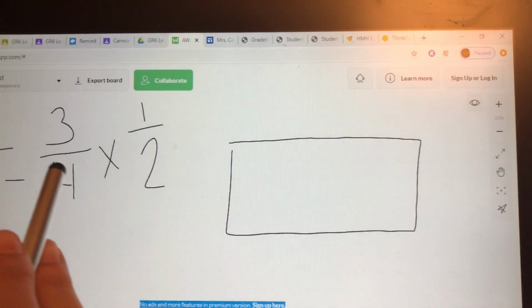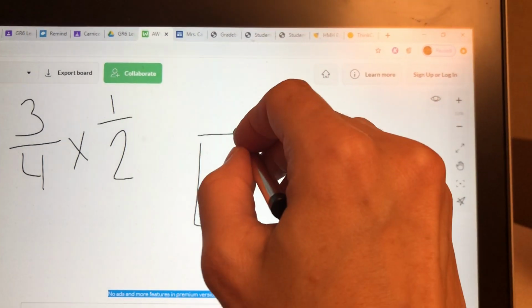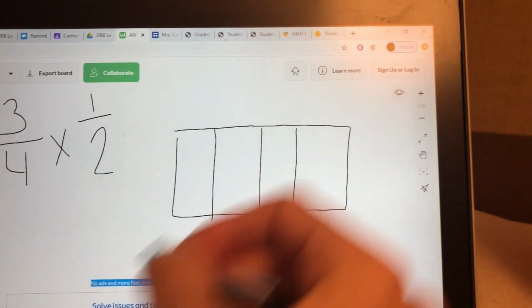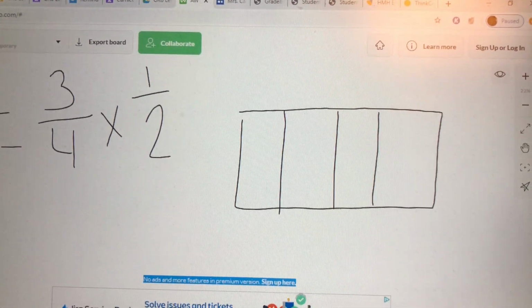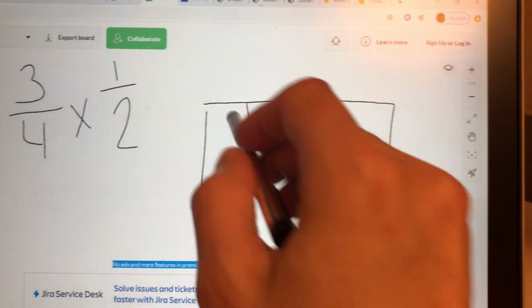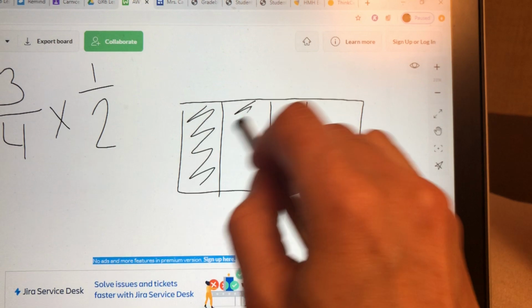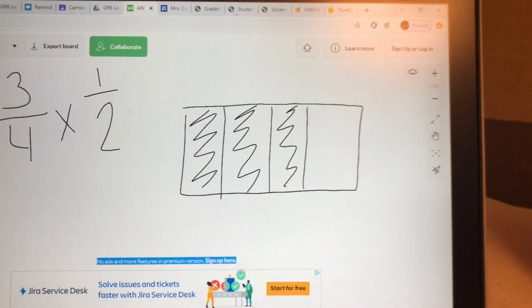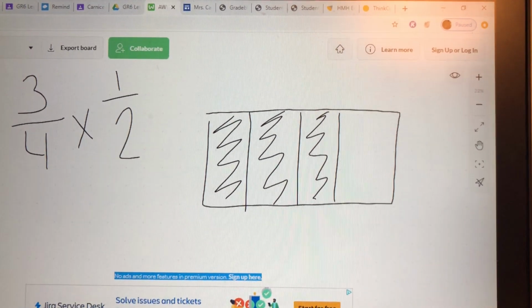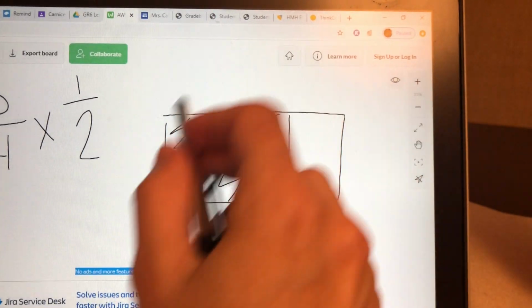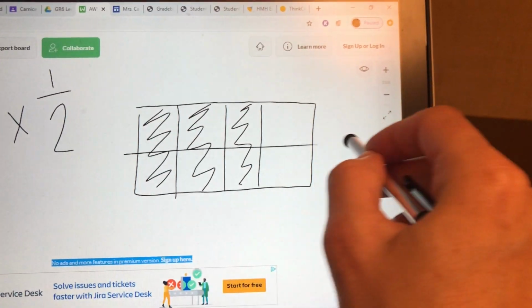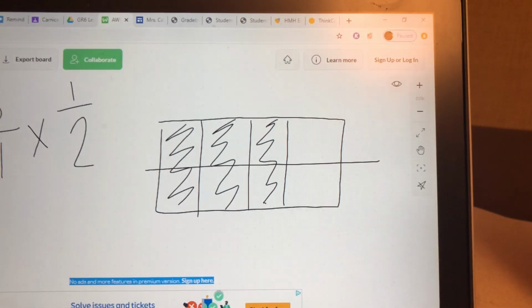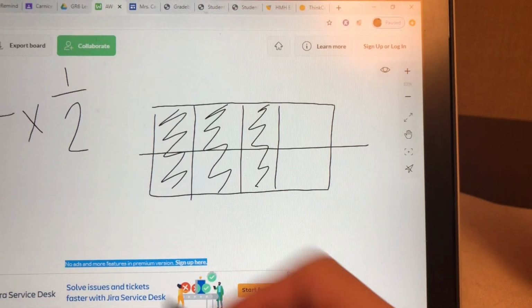And the first fraction is out of fourths, so we'll cut this into fourths. Okay, and our numerator is 3, so that means 3 out of the 4 should be shaded. 1, 2, 3. My second fraction is 1/2. That means that I'm going to cut this rectangle into half. Okay, and only shade 1 out of those 2 going across.